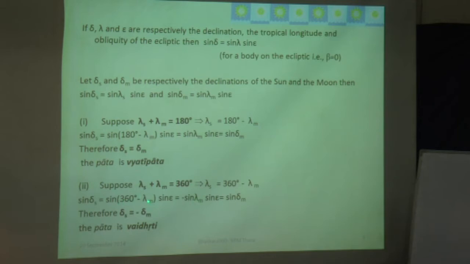The sine of 360 minus lambda M is minus sine lambda M, so this equals, I'm very sorry, I left out the minus sign, minus sine delta M. With this, we come to the conclusion that delta S equals minus delta M. That is, the declinations are equal in magnitude but on opposite sides. So that is the condition for the Vyatipata.